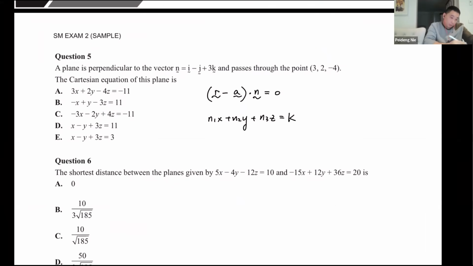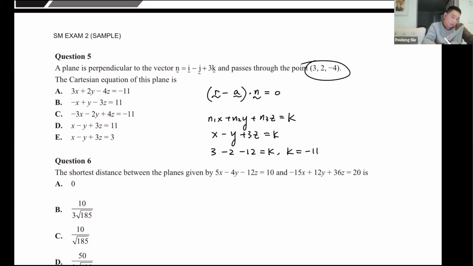So now what I'm looking for is n1, n2, n3. So this would be 1x minus y plus 3z equals k. Remember, we can substitute the point into the equation of the plane and find the constant k here. So 3 minus 2 minus 12 equals k. So my k value is going to be minus 11.